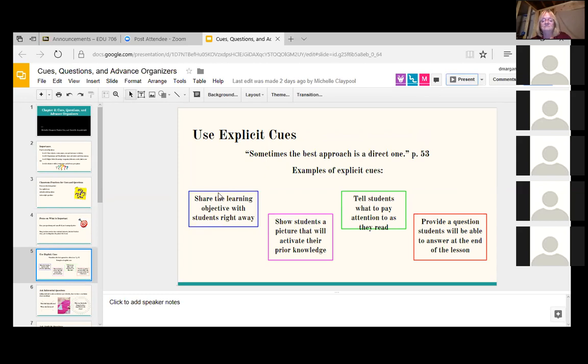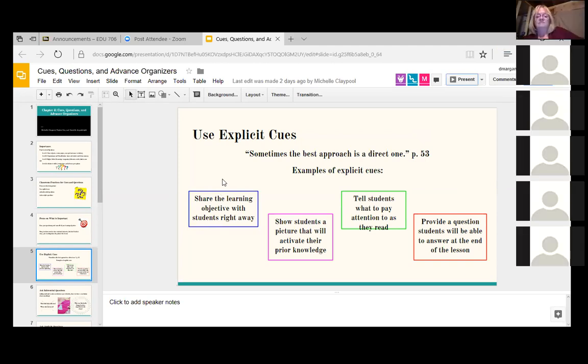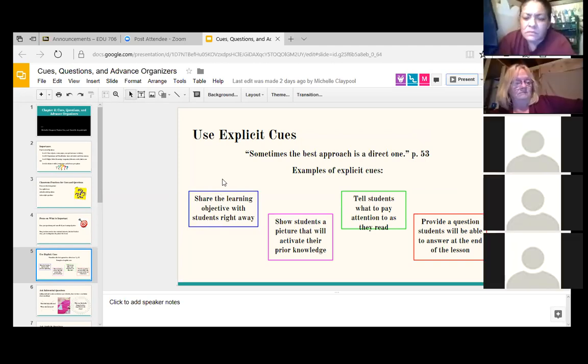And then showing students a picture is another way to get them thinking. Rather than just asking the question, sometimes it's more interesting for them, more visually appealing. Telling students what to pay attention to as they read. So if you're giving them some sort of page or article or chapter in a book, telling them at the beginning what you want them to think about will make them more likely to be able to answer your questions at the end.